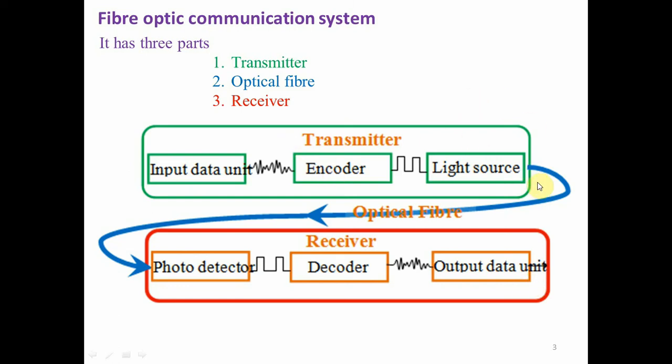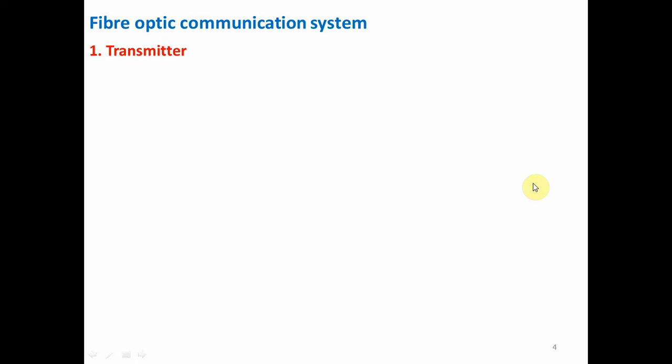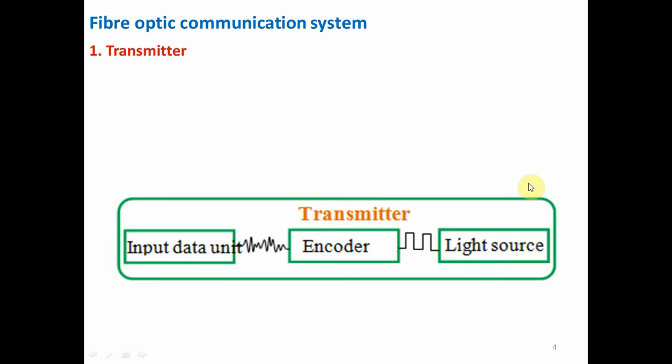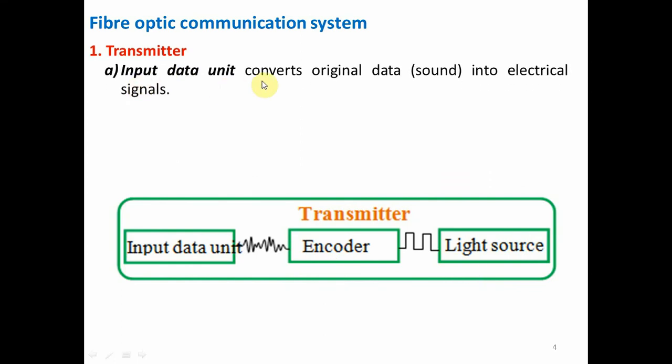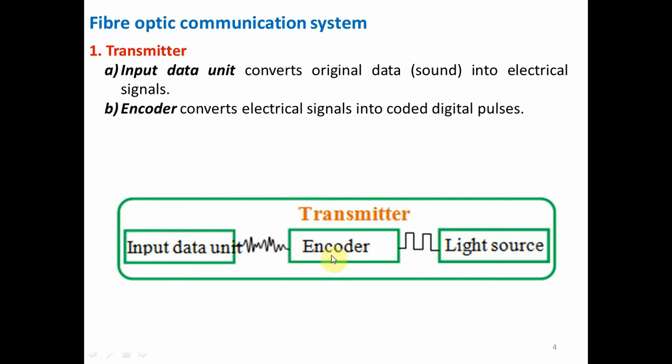Let us look at each part in detail. First part, transmitter. Transmitter contains three parts. First one, input data unit, which converts the original data, it may be sound, video or text, into electrical signals. Encoder converts electrical signals into coded digital pulses.